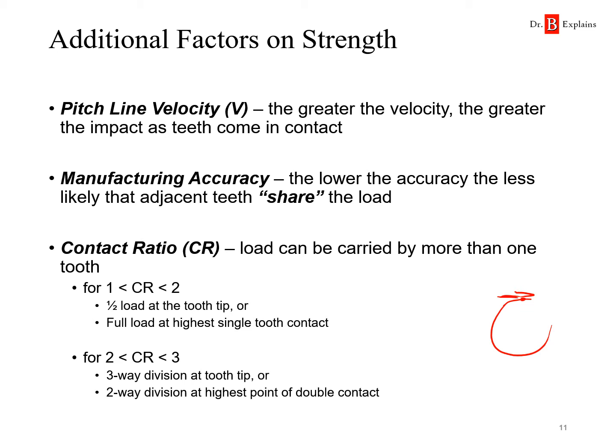So for contact ratios between 1 and 2, what can happen? You can have half of the load at the tooth tip because it's shared between two, or you can have the full load at the highest single tooth contact, which is close to the pitch circle. For contact ratios between 2 and 3, you can have the load three-way division at the tooth tip, or two-way division at the highest point of double contact.